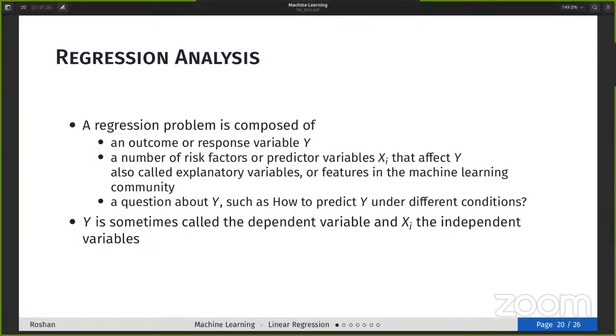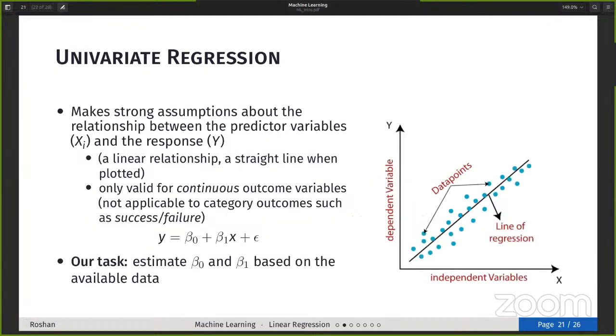Okay, moving on to univariate regression. In univariate regression, I have a single predictor variable and a single outcome. This is my independent variable, this is the dependent variable, and these are some data points I have.